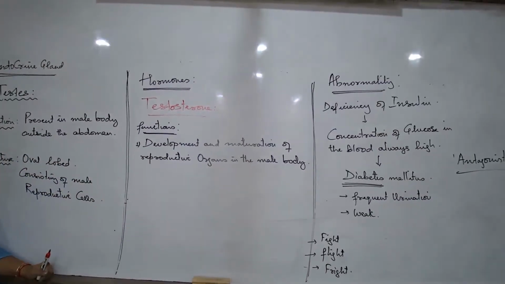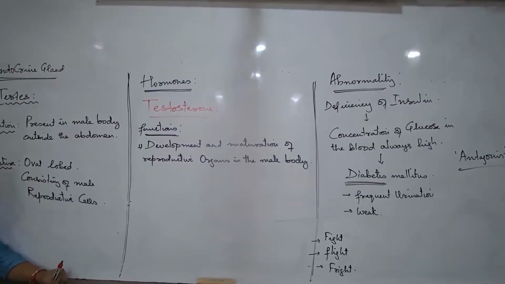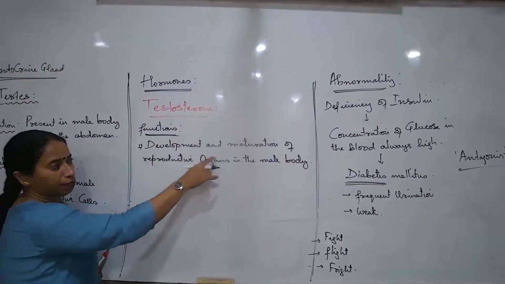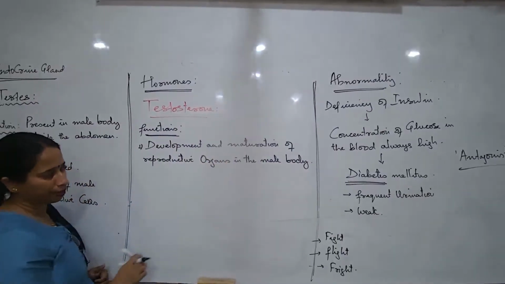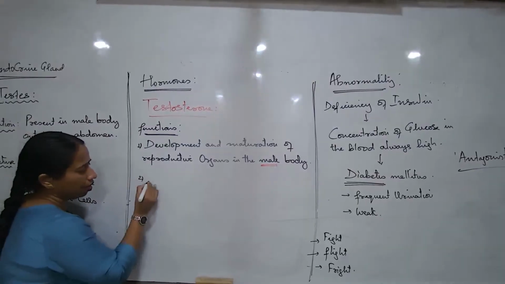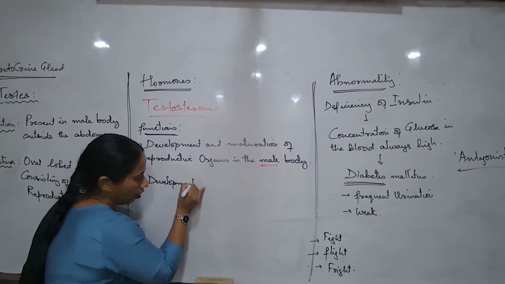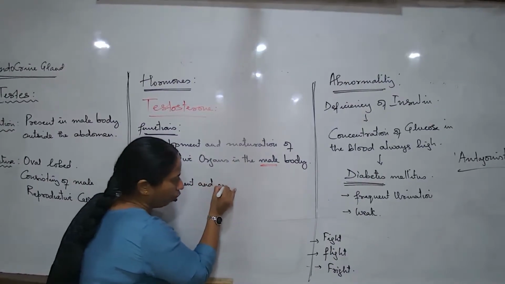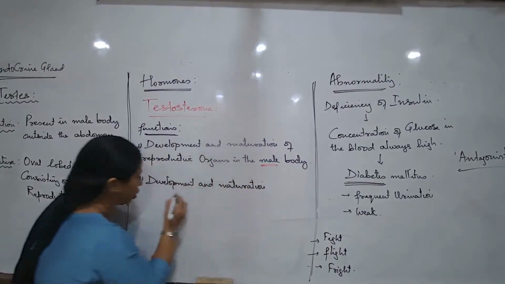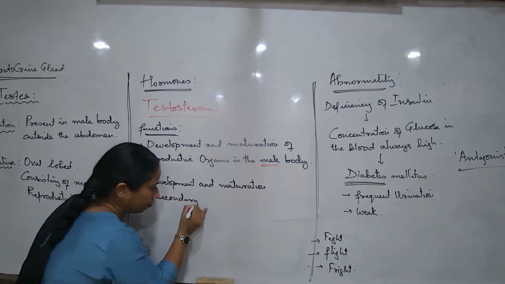Now, development and maturation of reproductive organs. So that is the first function. We are talking about testosterone, what type of function it does on the male body. Second function is the development and maturation of the secondary sexual characters.